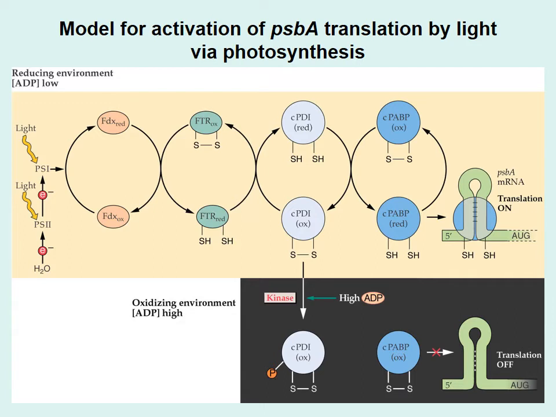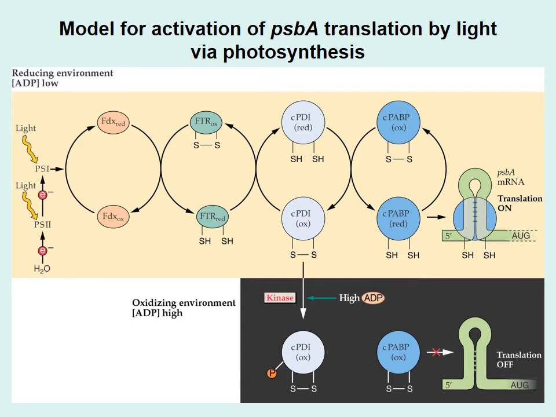So here we can see that this is a PDI, this is a PABP, and the kinase that is responsible for the synthesis of ATP. So the kinase will lead to the synthesis of ATP in the presence of light.